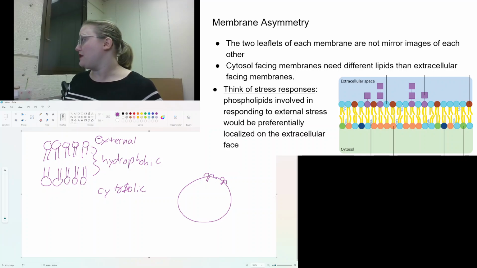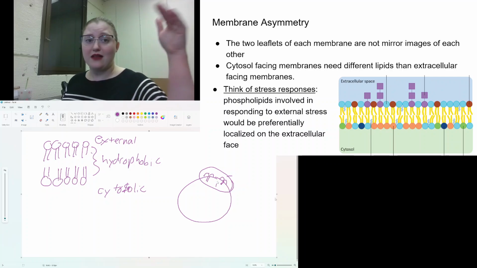So these kinases, for one, they're not going to be in all of the organelles, right? They're going to be located on the cell membrane to sense external stresses. And then any lipids involved in those stress responses would need to be in this area, either on the outer leaflet or the inner leaflet, right?